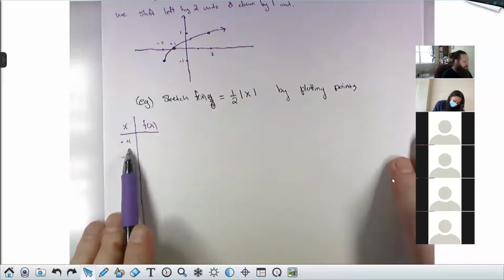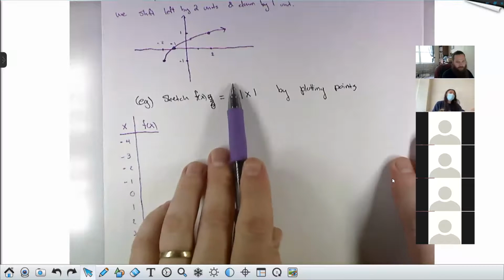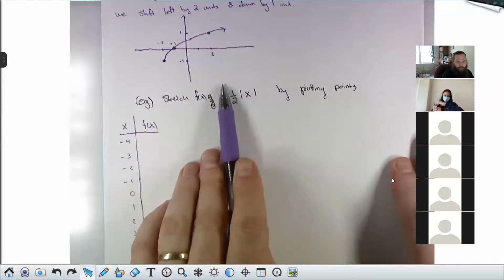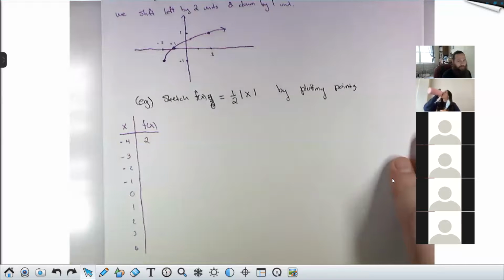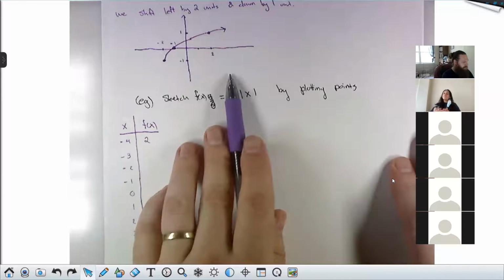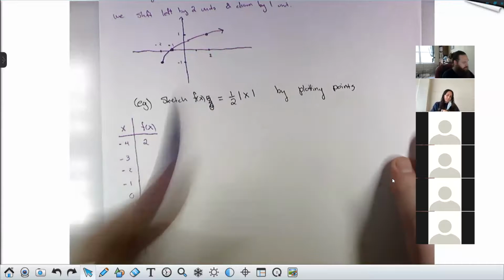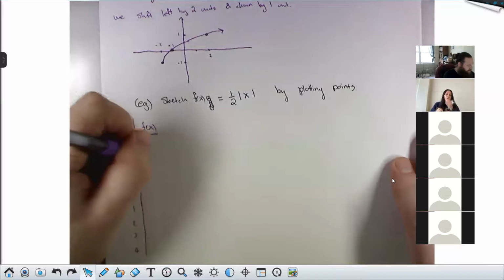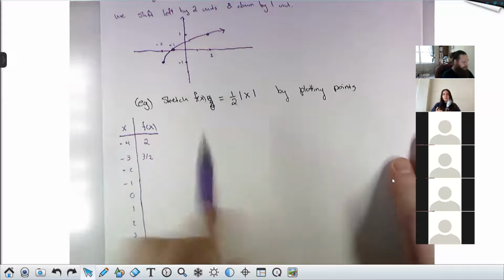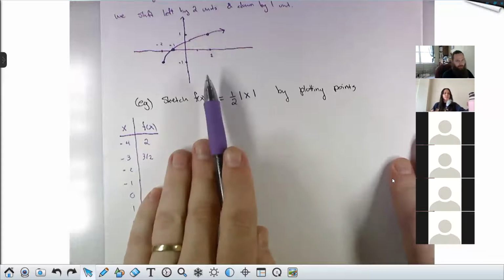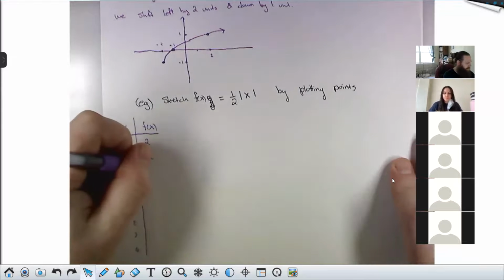If I plug in -4 for x, then that's the absolute value of -4, which is +4, times 1/2, which is +2. If I plug in -3 for x here, I get the absolute value of -3, which is +3, times 1/2, which is 3/2, or 1.5. If I plug in -2, I get +2 times 1/2, which is 1.